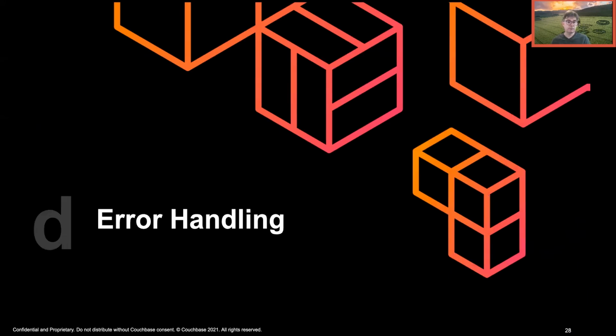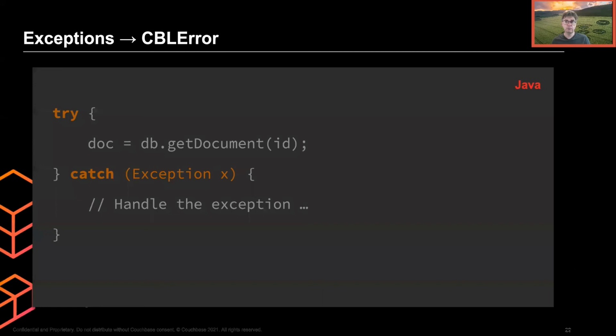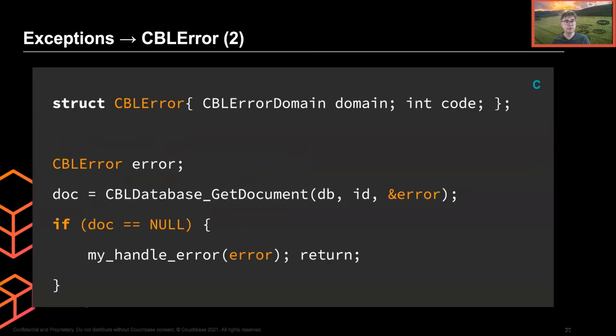Error handling is different. Typically the higher level languages will use some form of try catch error handling, where you can write all of your code without thinking about errors and then wrap it in some kind of catch block that will deal with the errors that come up. In C, this is more manual again. We have a struct.